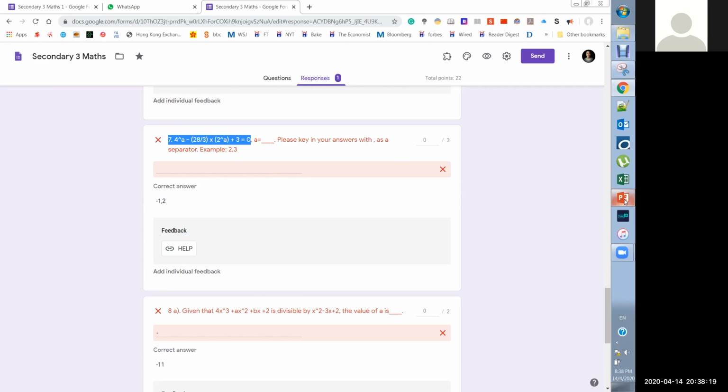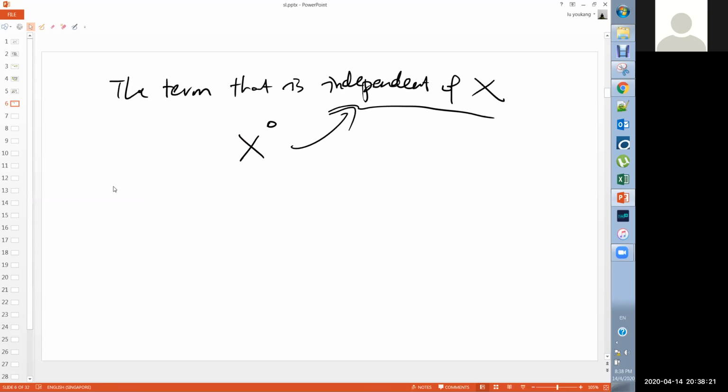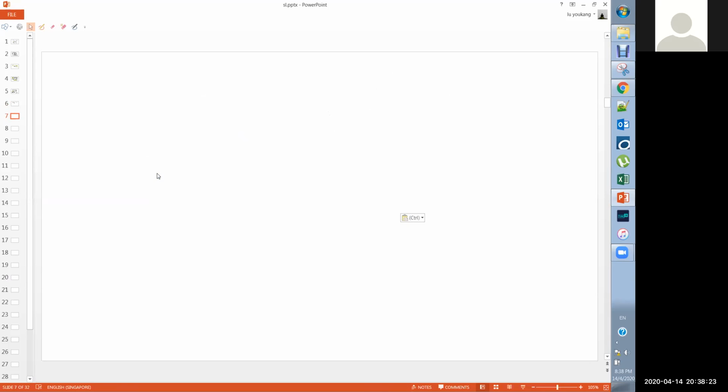Let me get this question to this. This one is not polynomial, I just realized. This one is indices or logarithm. Indices. How come you left it blank? No, because I was thinking about 7.4. I cannot open it up because I want to get 2 over a, but I don't have. You mean 2 to the power of a. This is question 7, then this is the rest. How what? Okay, wait.